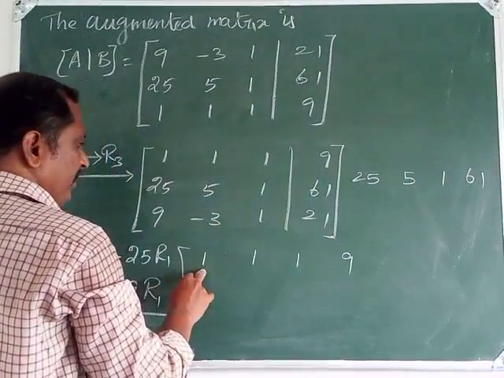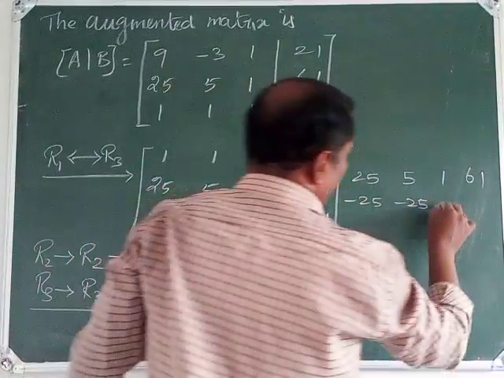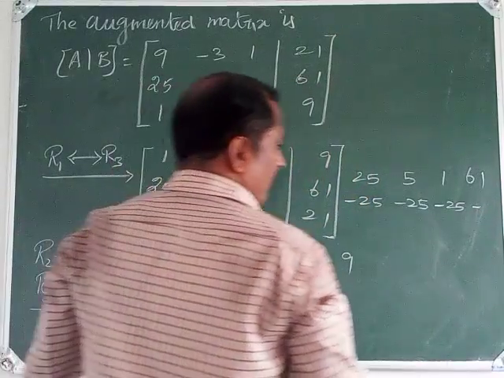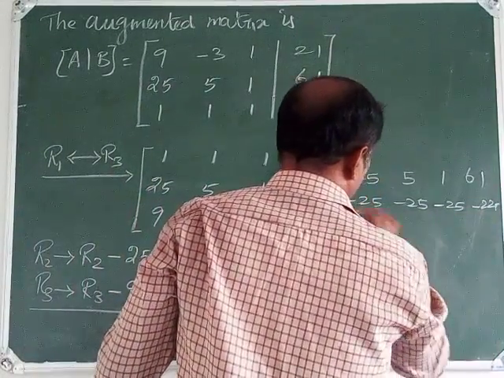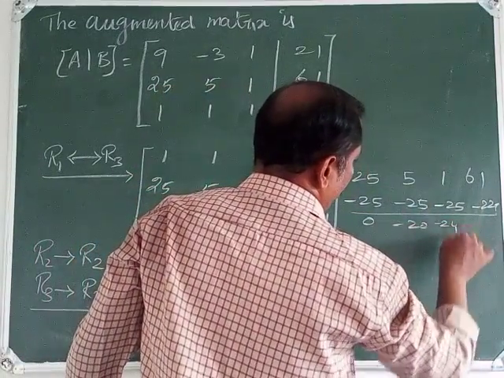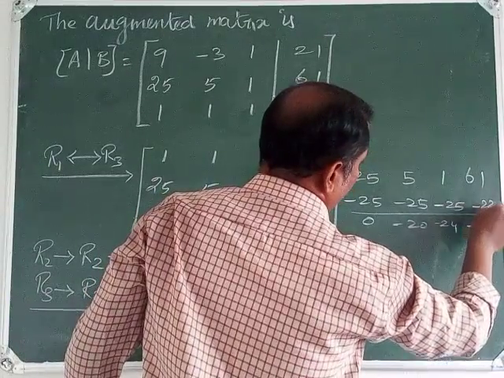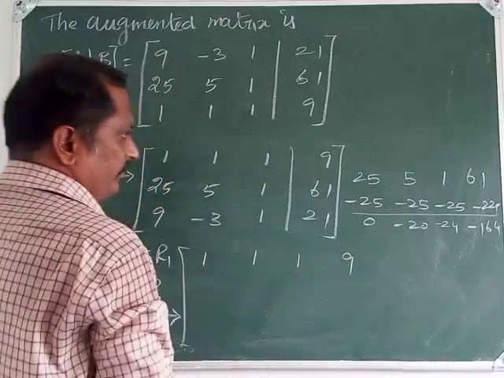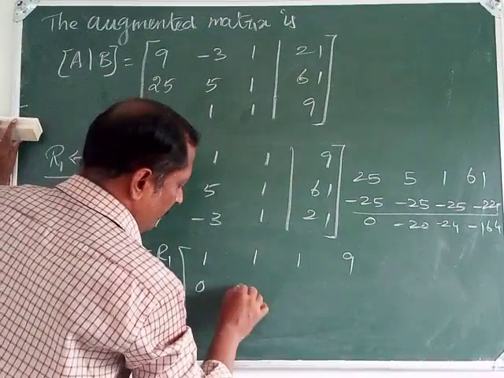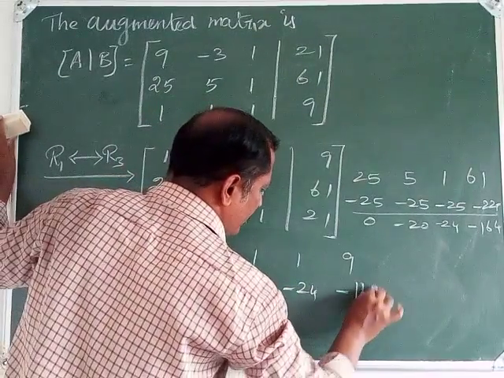First row is multiplied by minus 25, so minus 25, minus 25, minus 25, minus 225. Adding, we get 0, minus 20, minus 24, minus 164.